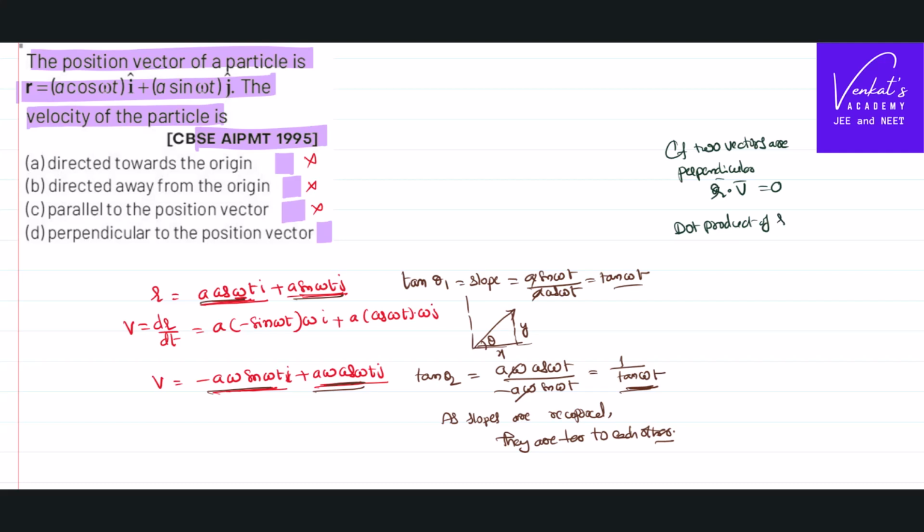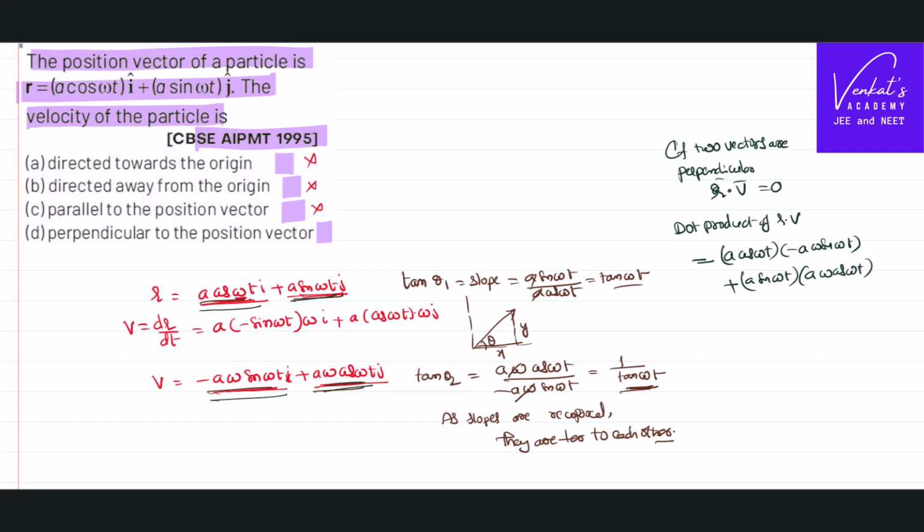For r dot v, you shall multiply their x components, multiply their y components and add them. The x component of the first one is a cos omega t. The x component of the second one is minus a omega sin omega t, plus the y component of the first one, a sin omega t, and the y component of the second one, a omega cos omega t.